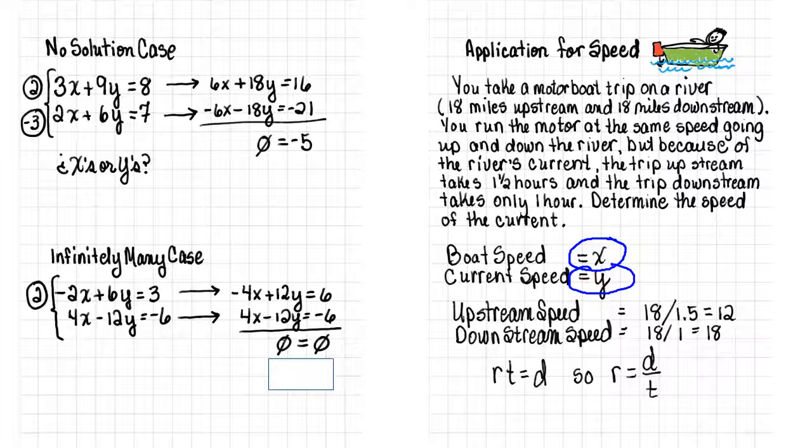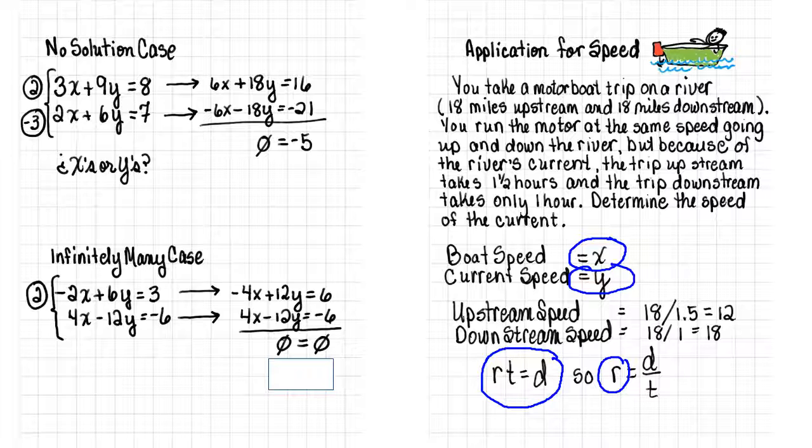To figure out your upstream speed and your downstream speed, we're going to use the distance formula: rate times time equals distance. Since the rate, or the speed, is what we're trying to find, I'm just going to solve for r, which gives me d over t, distance over time.